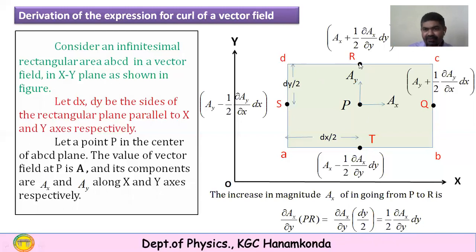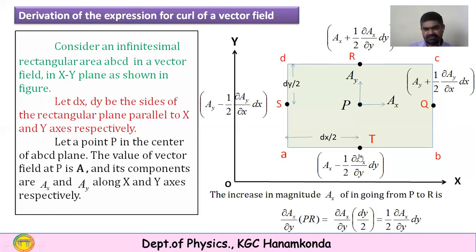Therefore, the value at R is Ax, which is already there at point P, plus the increment. When I am going from P to R, the increment is 1 by 2 into ∂Ax/∂y into dy, and the already existing value is Ax. Therefore, the net value at R is Ax plus 1 by 2 into ∂Ax/∂y into dy.